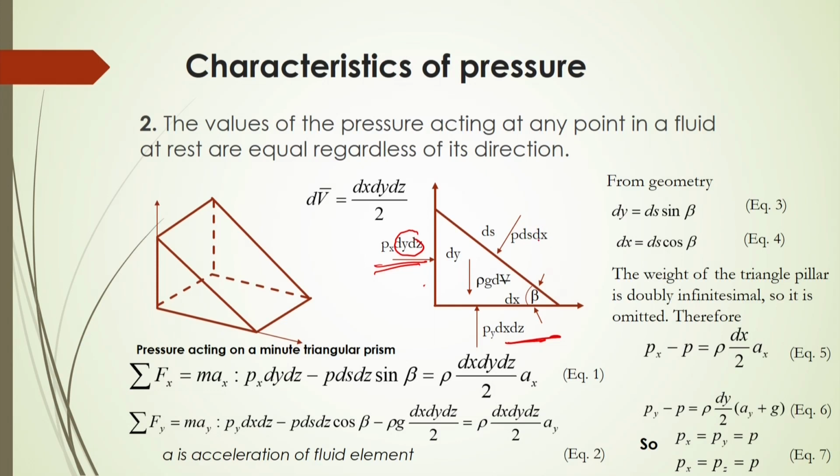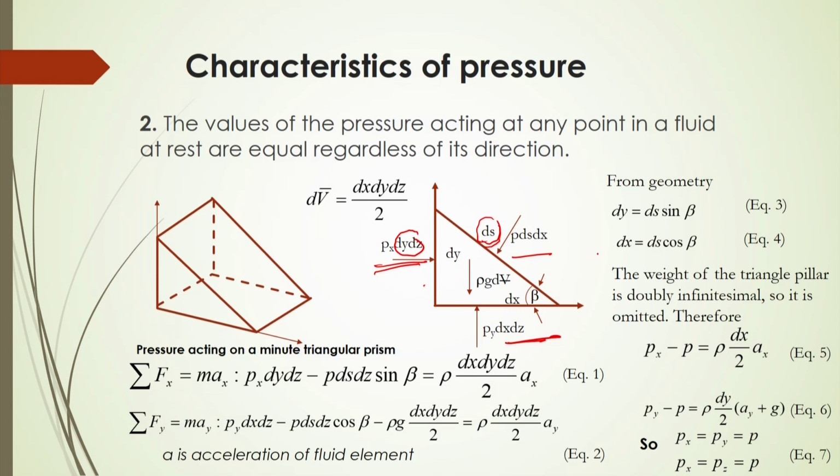The pressure is P, so the force is P into ds into dz. What is ds? Ds is nothing but the small area of the surface of the liquid. So, in this case the total force will be P into ds into dz.